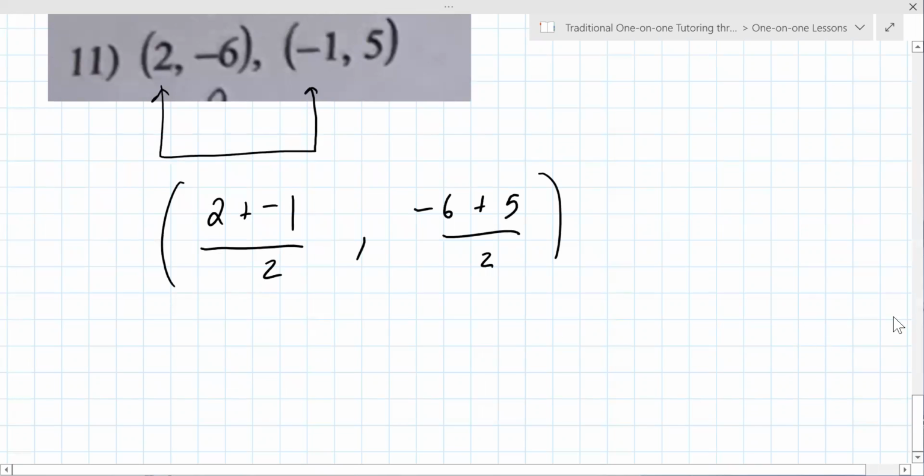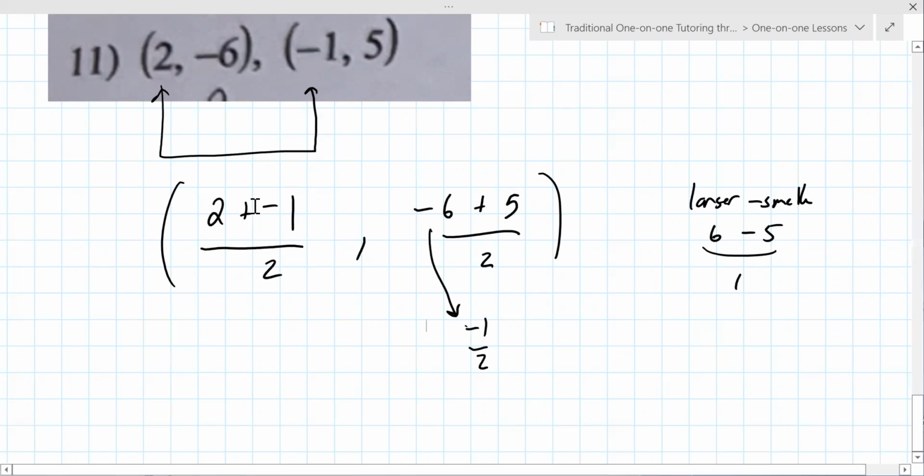So on the right, you've got one positive and one negative. So the answer is negative because -6 is further from 0 than 5. But it's -1/2. Okay, so you look at which one is further from 0 to determine the sign, and then you take the larger and subtract the smaller, which in this case would be 6 minus 5, which is 1. And then you bring that negative down.